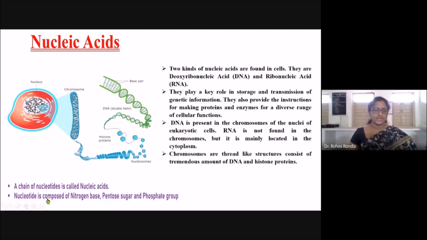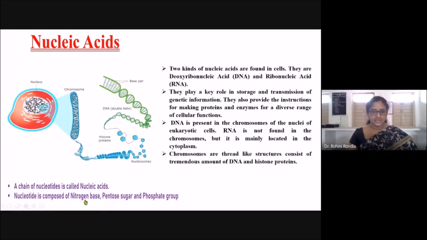Each nucleotide is composed of nitrogen base, pentose sugar, and phosphate group. Understood? Nucleic acids are polymers of nucleotides, and every nucleotide is composed of three components: nitrogen base, pentose sugar, and phosphate group.